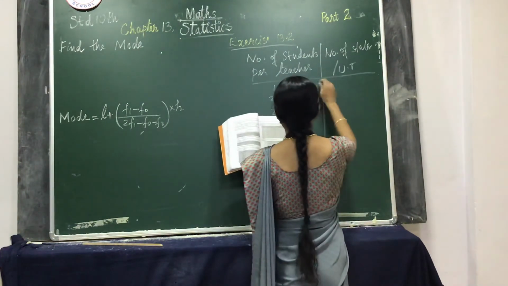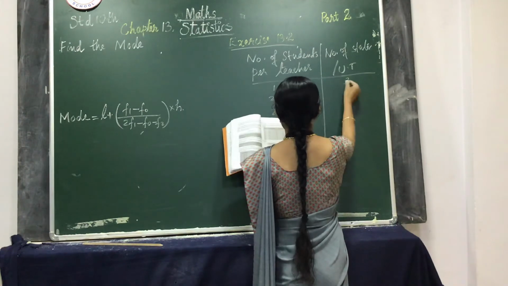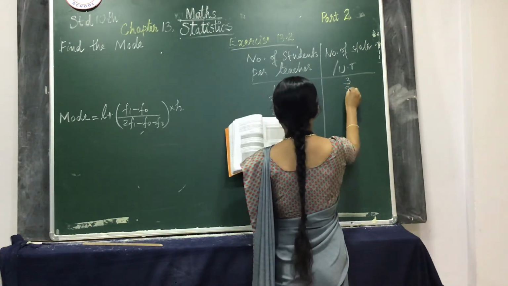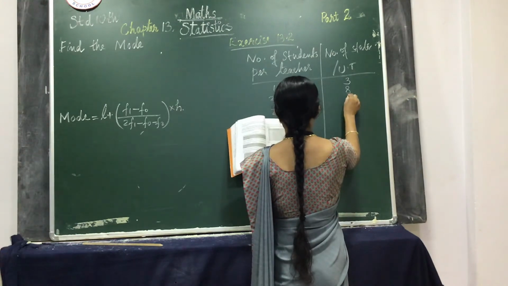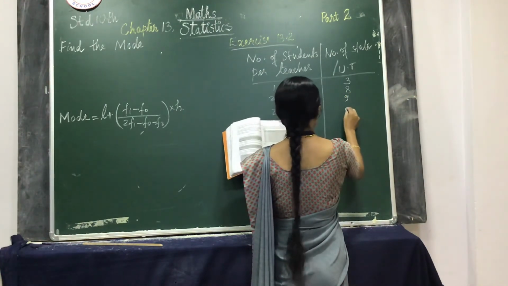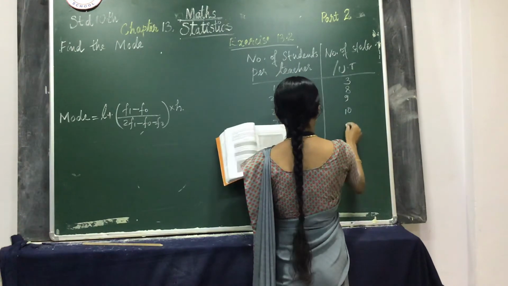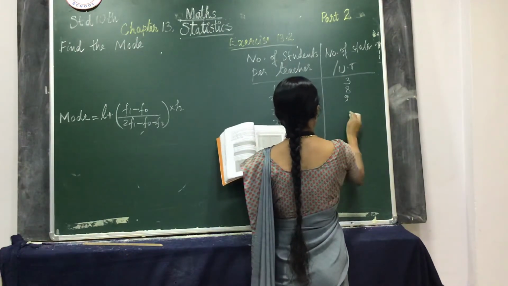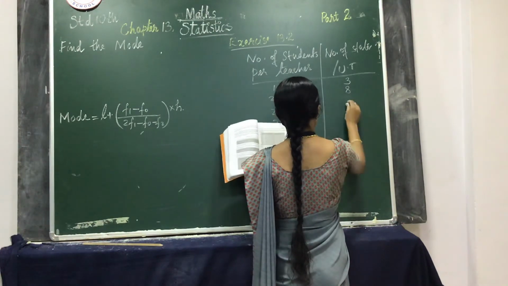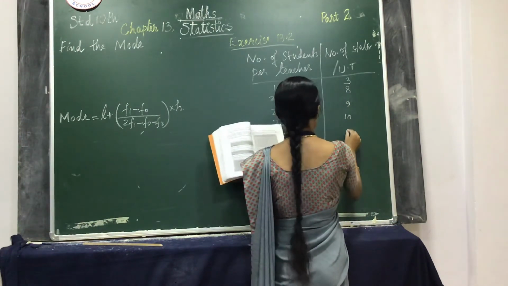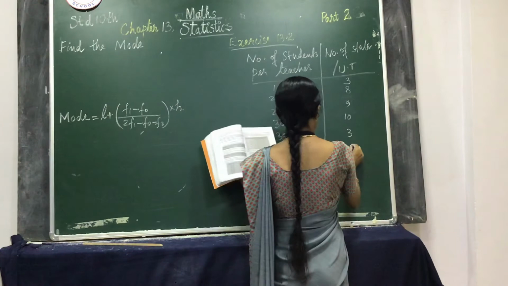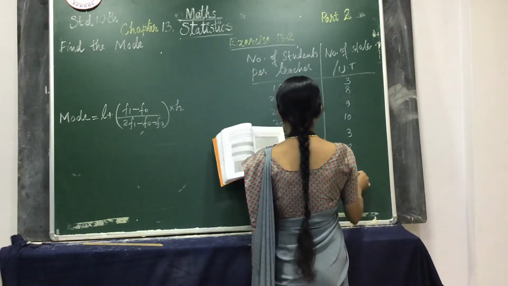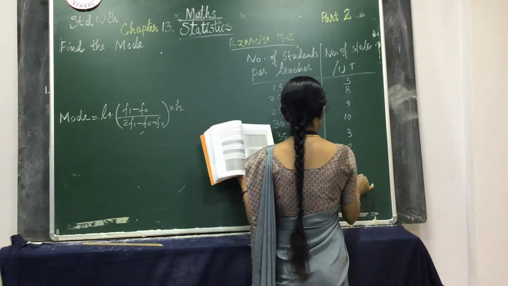In the 15 to 20 class interval, 3 states, 20 to 25, 8, 25 to 30 is 9, the next one 10, then we have 3, then the next two have 0 and 2.